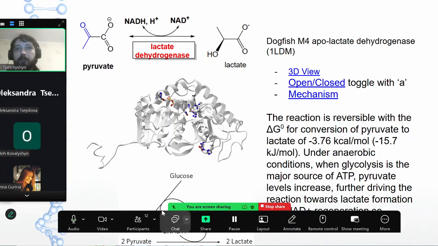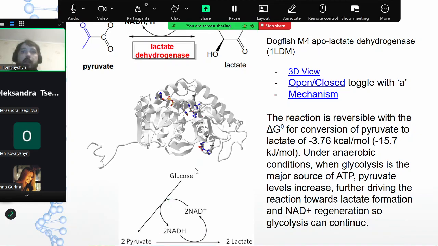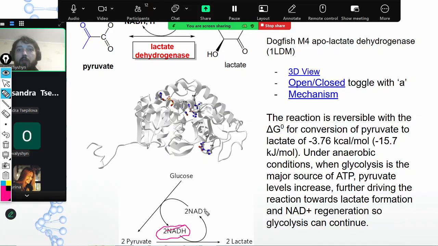What else? During this process we generate 2 NADH from 2 NAD+. This is some sort of electron carrier. I guess we will get into some details a little bit later. But now you see that we generate NADH from NAD+, and you might think that we need a way to somehow regenerate that NAD+ that was consumed during this process.